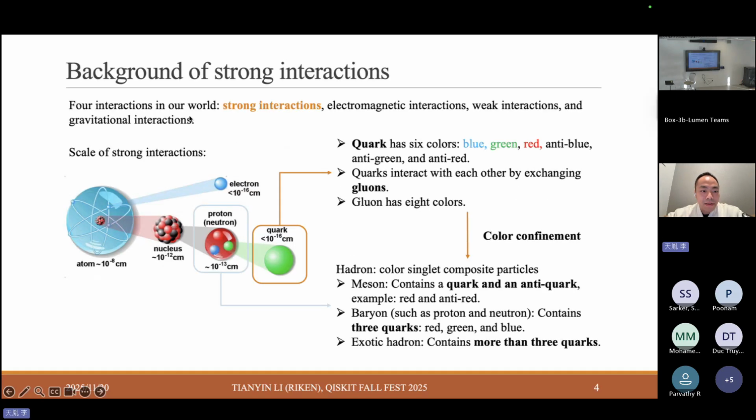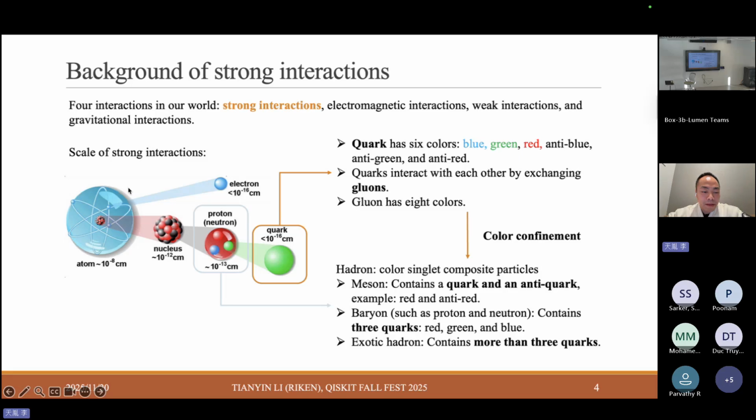And as we know, there are 4 interactions in our world. They are strong, electromagnetic, weak, and gravitational interactions. And we may ask why we cannot see the strong interactions in our daily life.